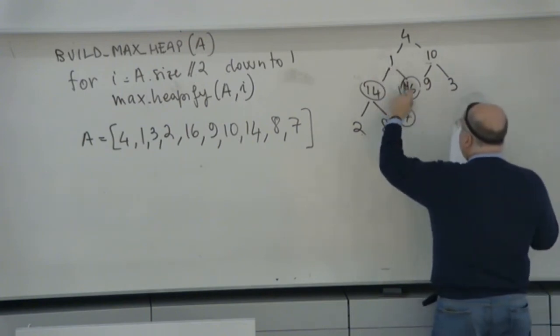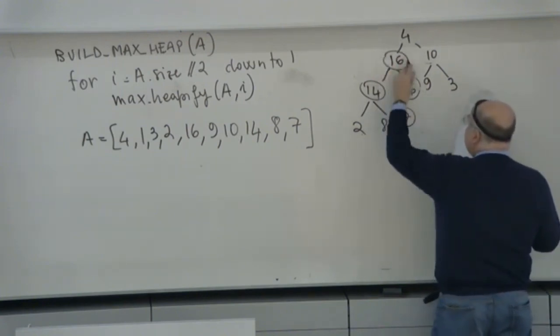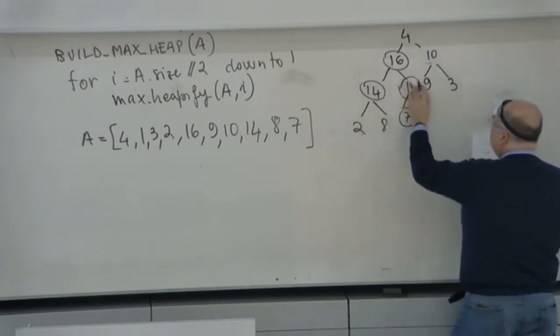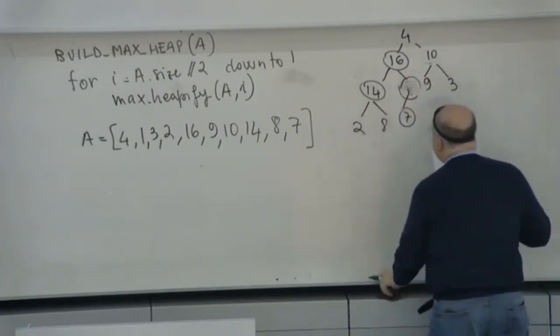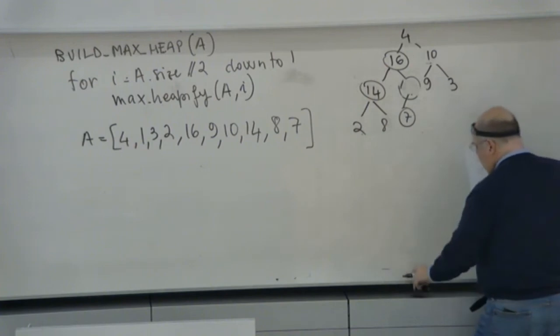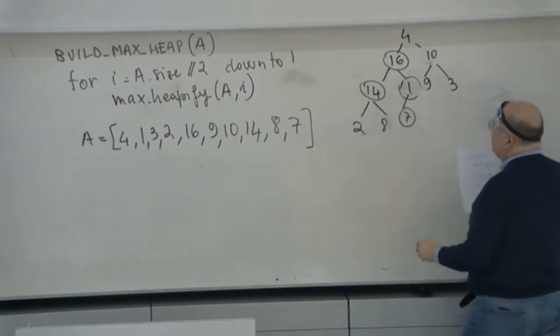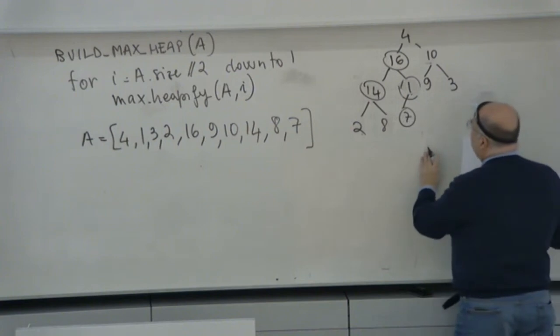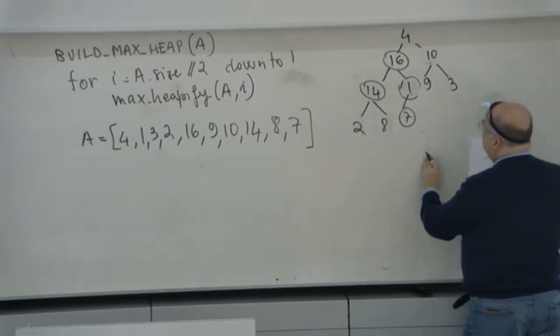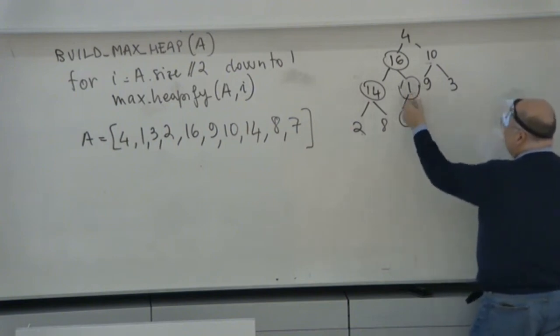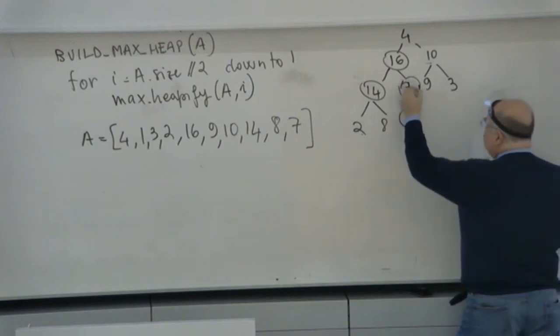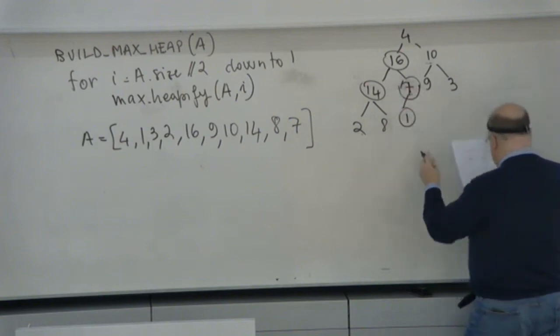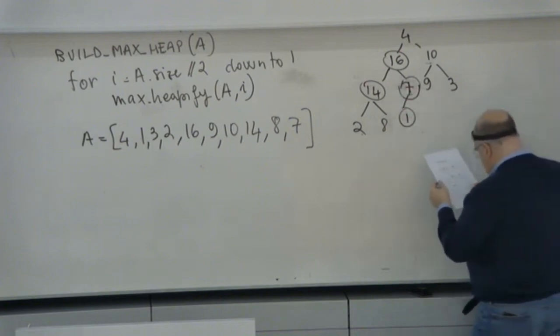So we swap with 16, and we have 16 here and 1 here. So this is the next step. And of course, when we do this, we must do another max-heapify because 1 is less than 7. So we get 7 here and 1 here, okay?